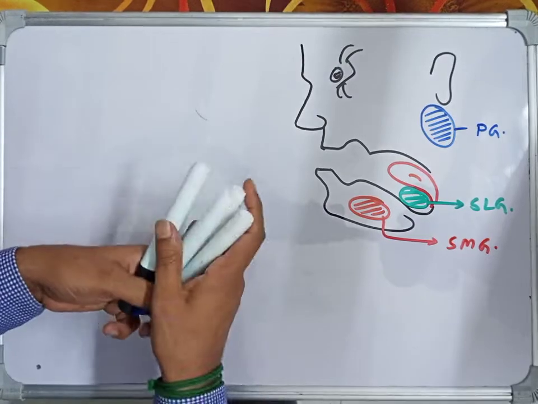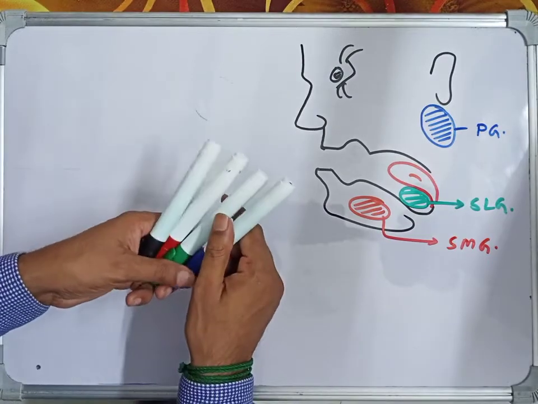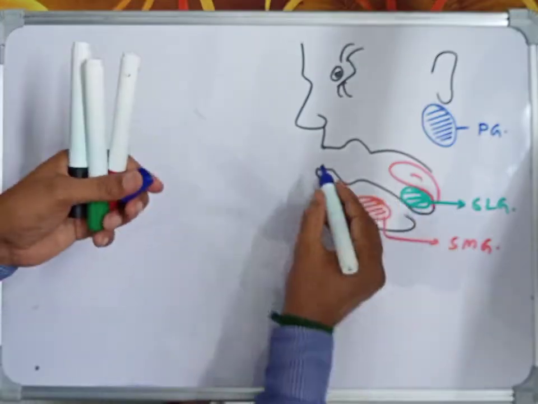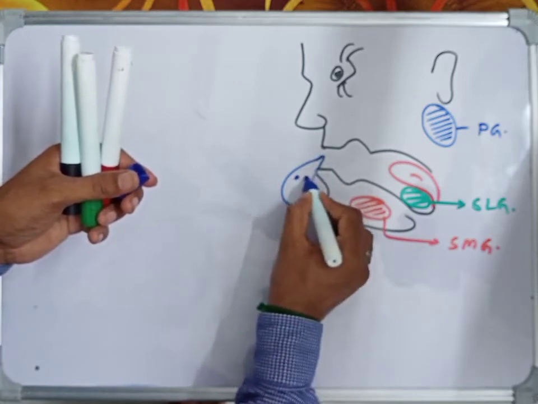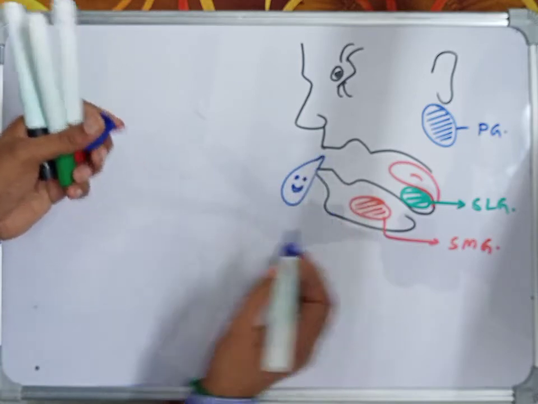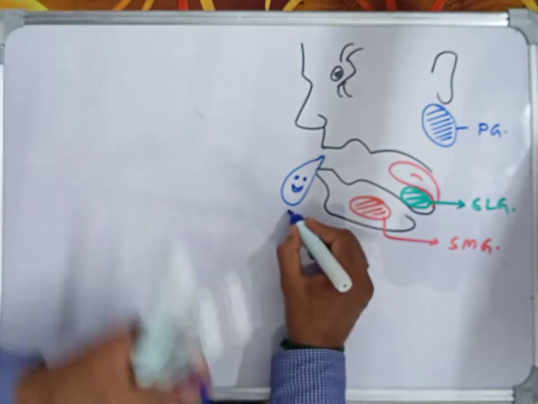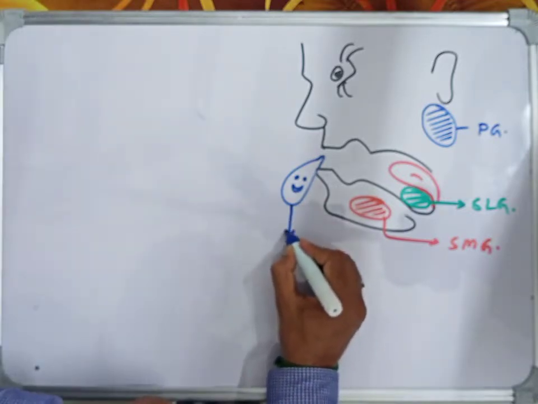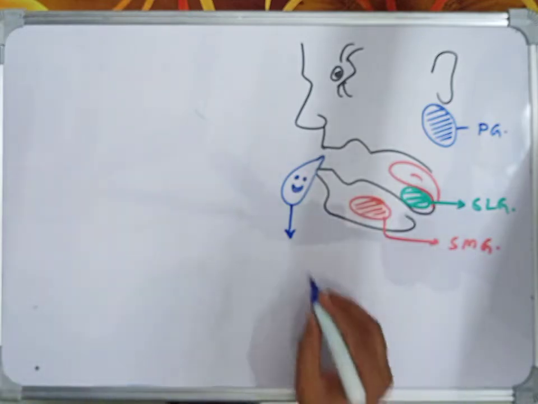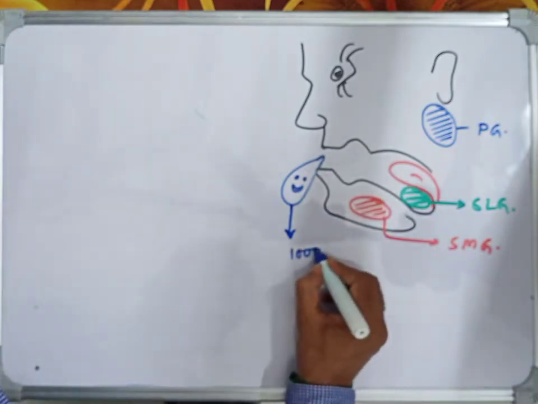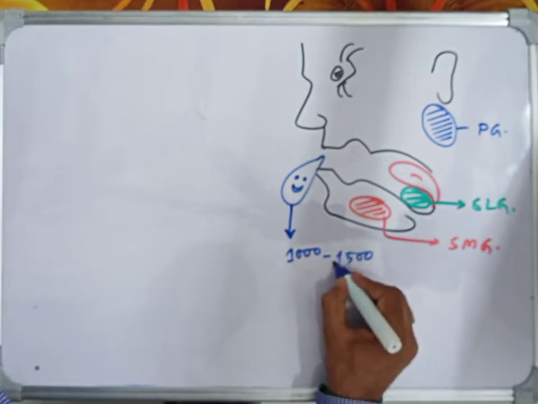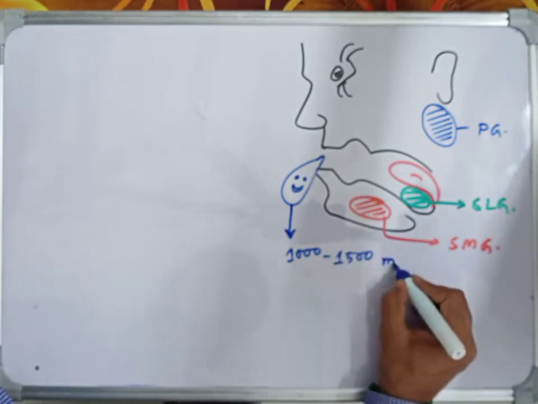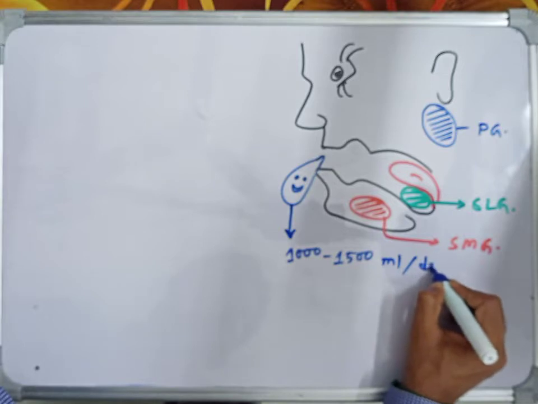And all these glands produce saliva for us, but every day all these glands produce 1000 to 1500 ml of saliva per day.